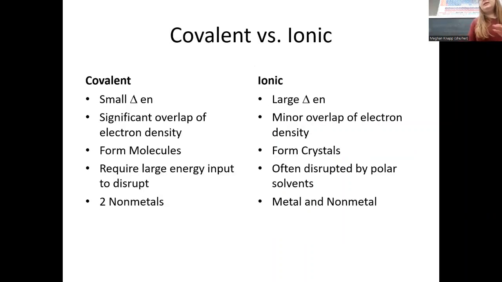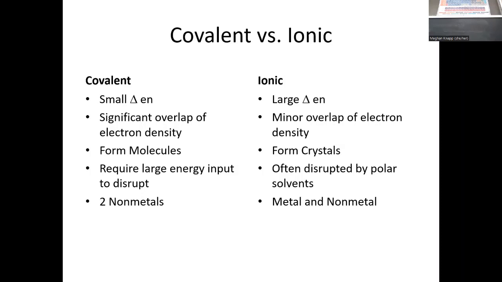Okay, so I had said metallic, we're not going to worry too much about. Differences between covalent and ionic, we do look at. So we've got this triangle and En. What do you think En stands for? Electronegativity. And what does the triangle mean in chemistry? Change. So in this case, it means the difference between, the change from one atom to the other.